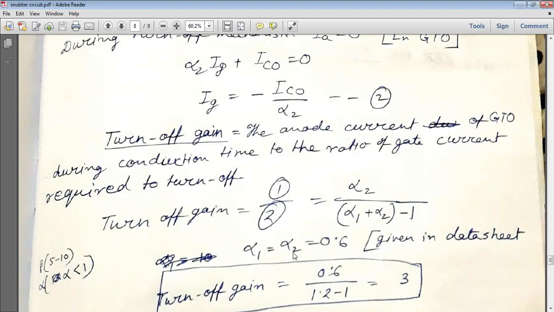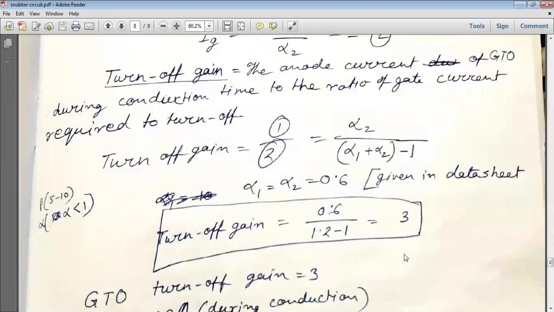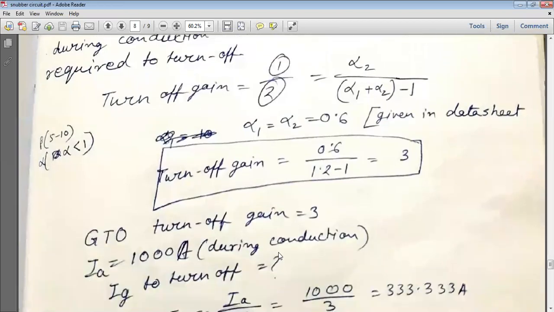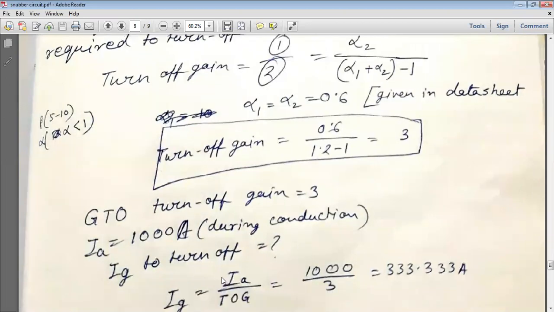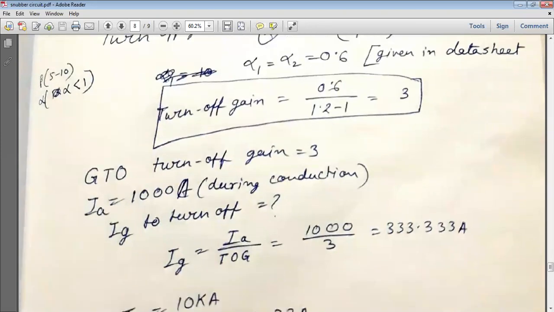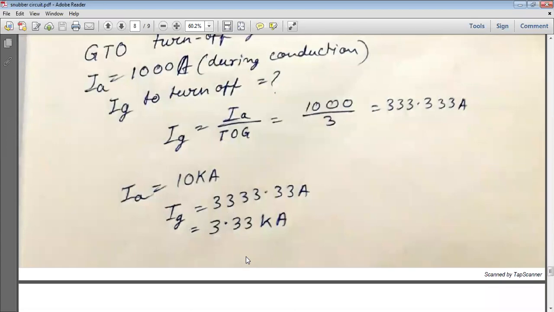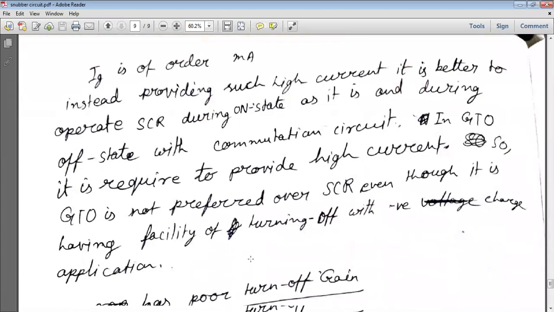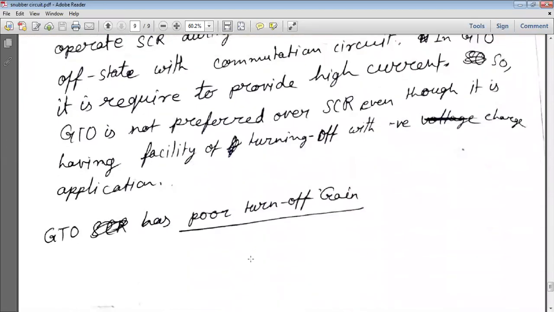If alpha 1 equals alpha 2 equals 0.6, then the GTO turn off gain will be 3. If Ia equals 1000 ampere, Ig to turn off is equal to 10 kiloampere. This way different problems can be solved.